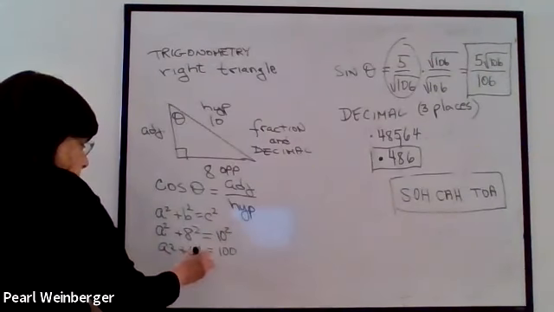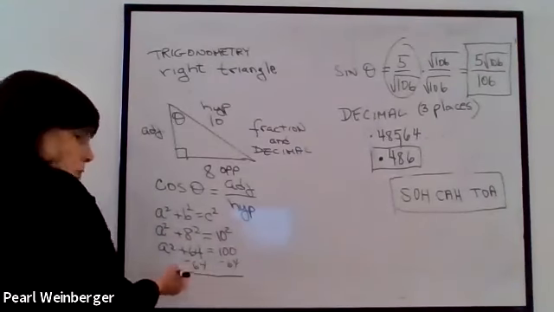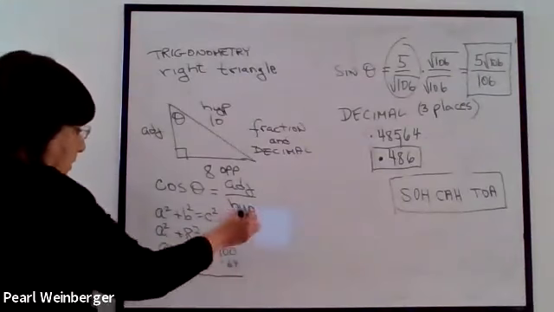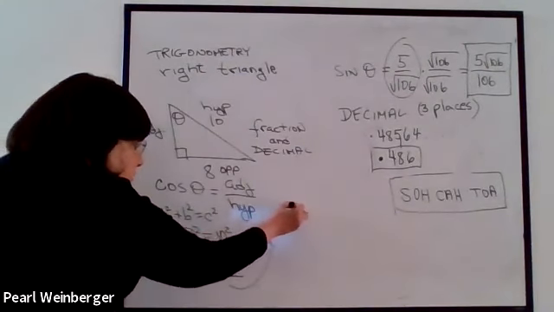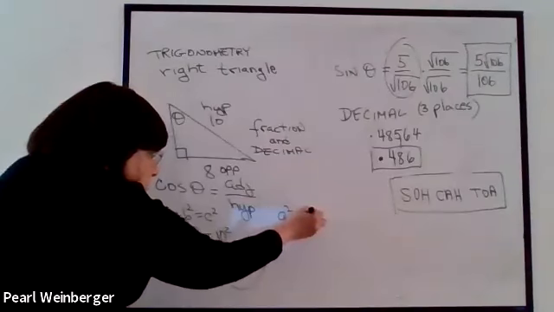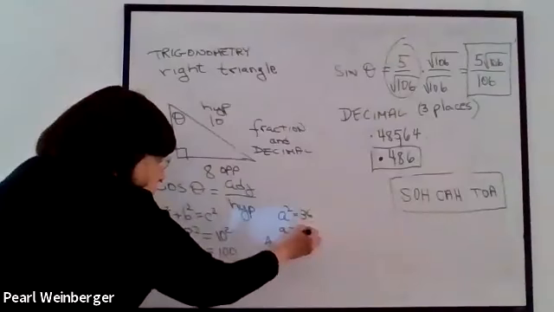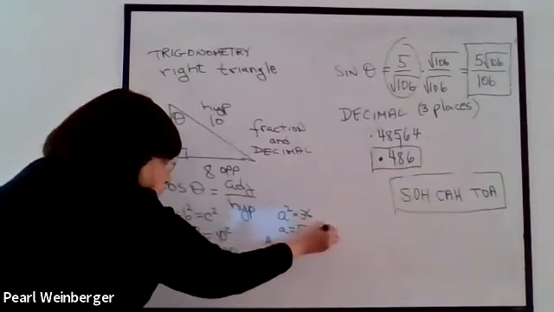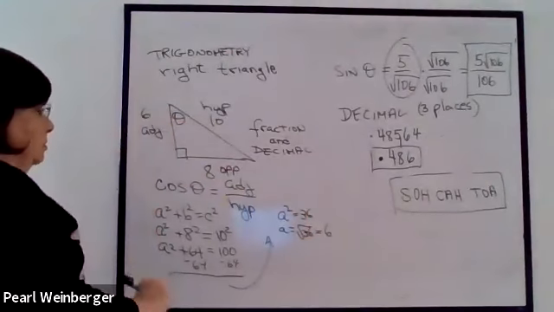And if I subtract 64 from both sides, it gives me that a squared equals 36, and that very nicely comes out to the square root of 36, which is an exact number of 6. This number is 6.